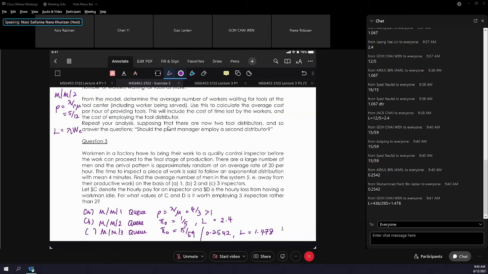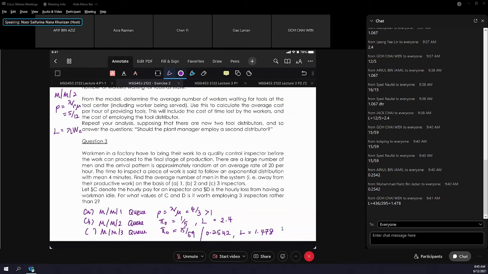Basically, as long as the hourly pay for the inspector is less than the hourly loss when you have the workman idle, then it will be worth it to employ an extra inspector.